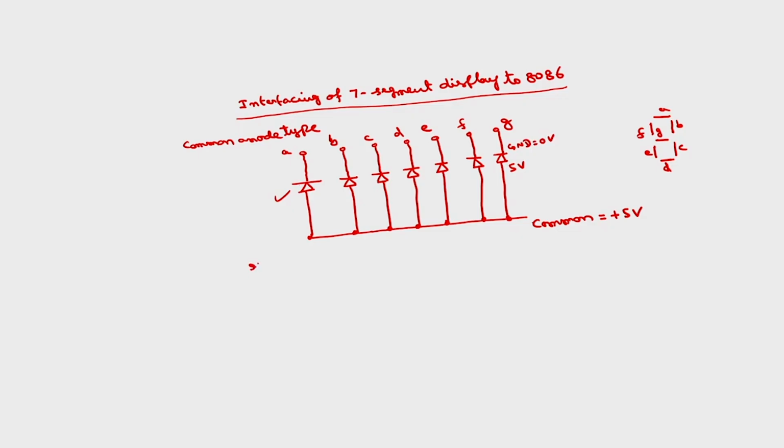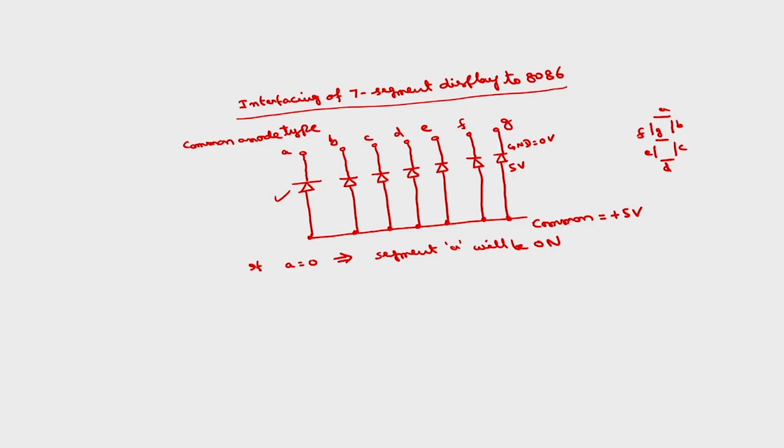So, if A is equal to 0, the segment A will be lit, meaning on. Similarly, if B is equal to 0, segment B will be lit, and if C is equal to 0, C will be lit. Depending upon the segment that is required, we have to light the corresponding segments. This is common anode type.